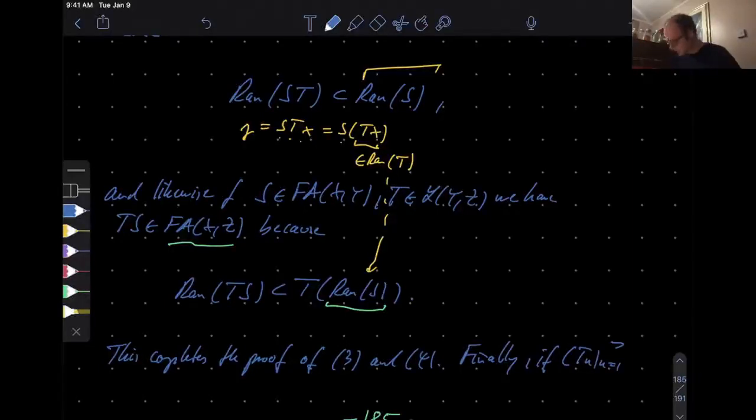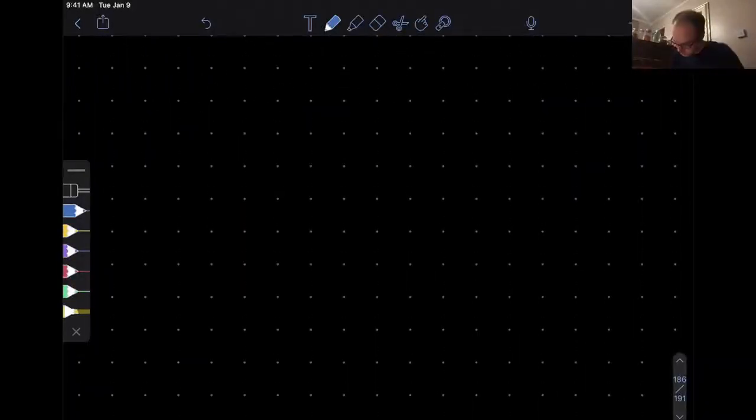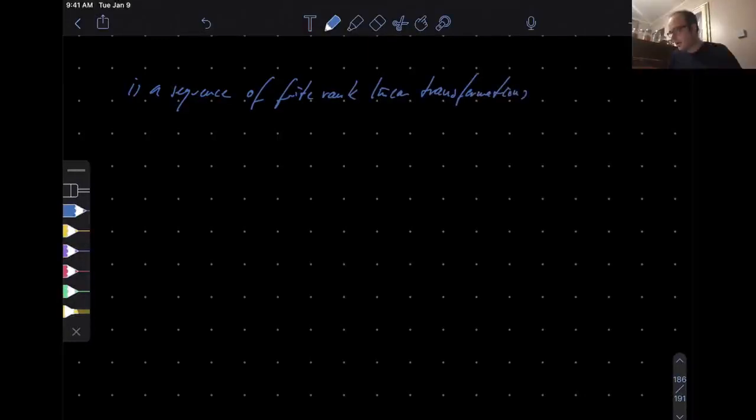So if Tn is a sequence of finite rank linear transformations with Tn goes to T as n tends to infinity, then what can we say about the sequence of the dual transformations?